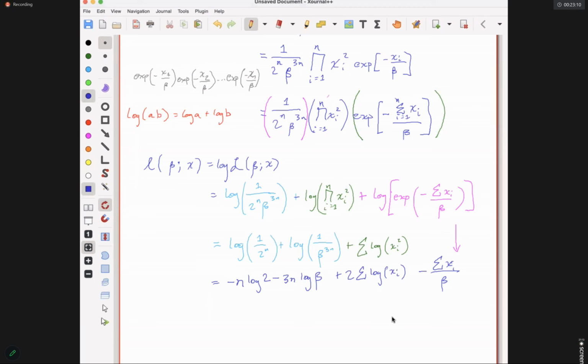They don't all have an n in this. This is all the simplification that we'll do to the log likelihood. But what do we need to do next to it?